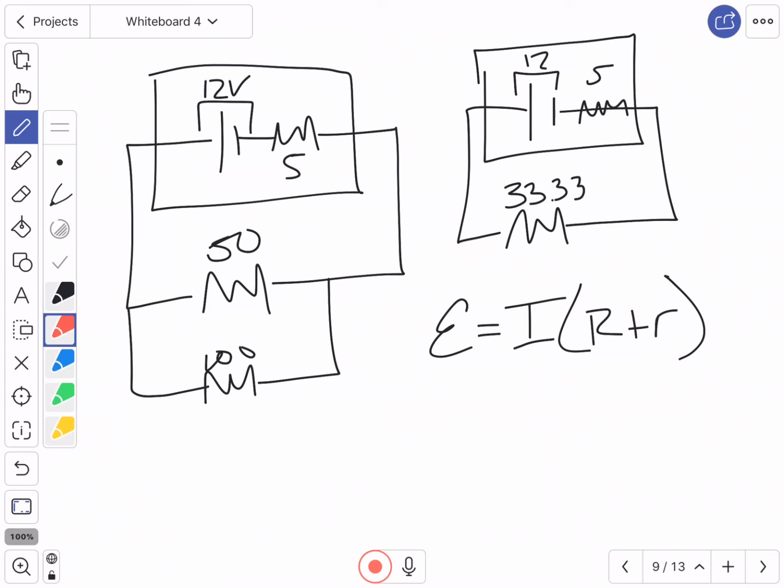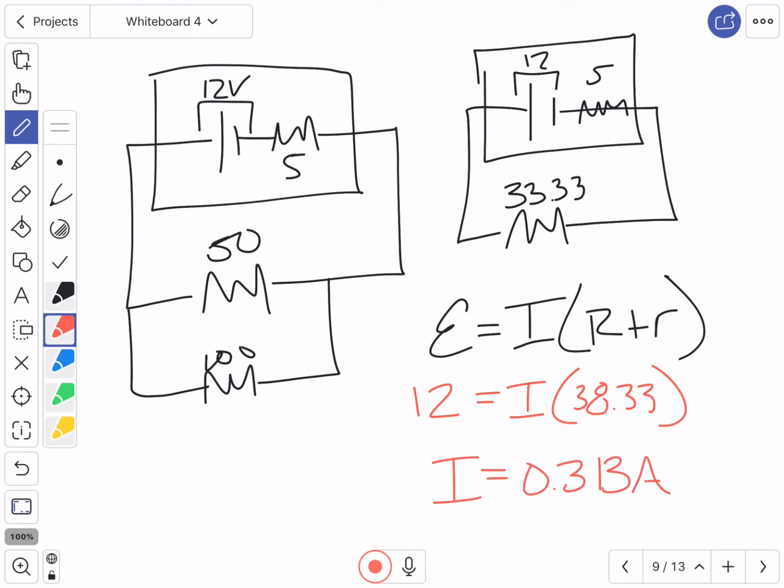In this case, this is going to be 12 volts equals I times 38.33. So my current in this circuit now is going to be 0.313 amps. As that current is moving throughout this circuit, I can solve for the voltages at each location.